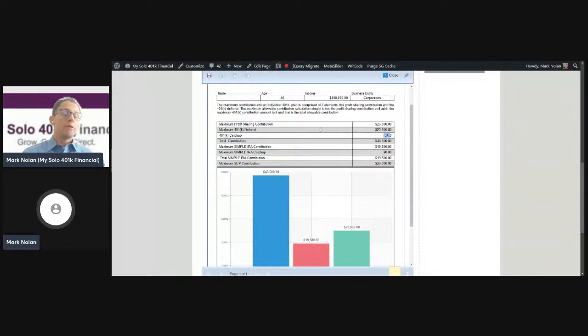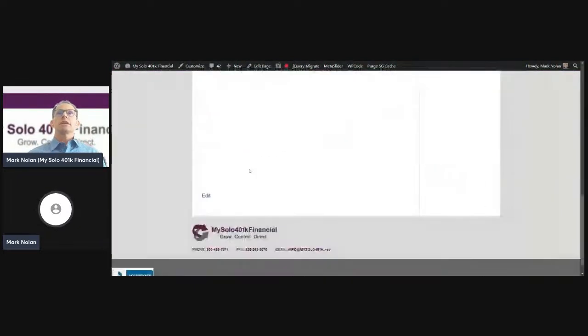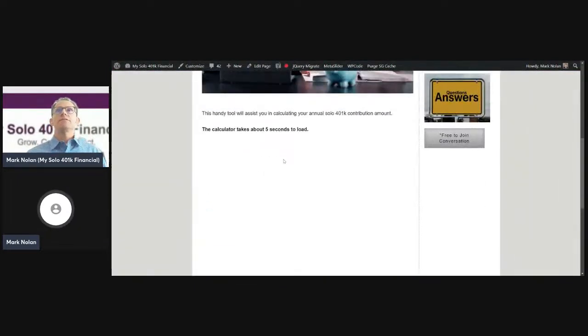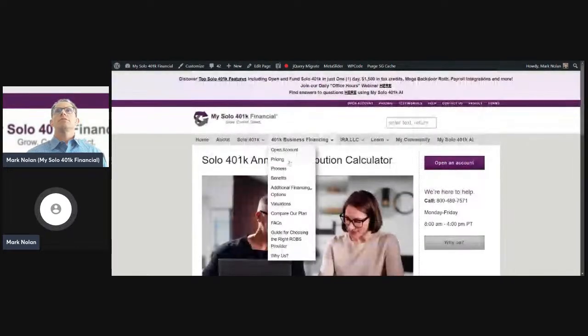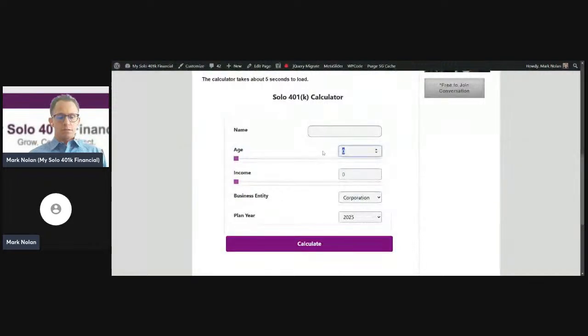So let's do an example now of someone who is age 50 or older. In this case, we'll put an age of 50 on our calculator. Let's see, here we go, age 50. We'll use the same income of $100,000. Tax year 2025.